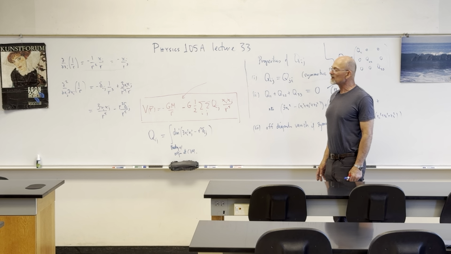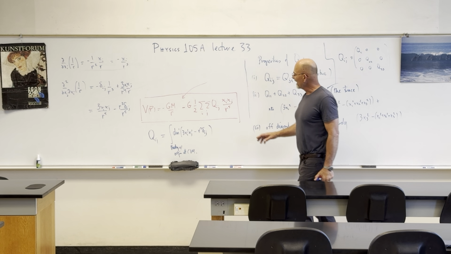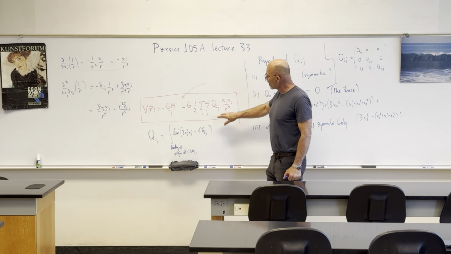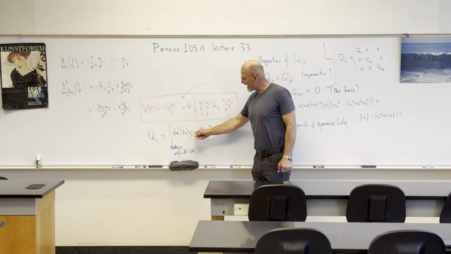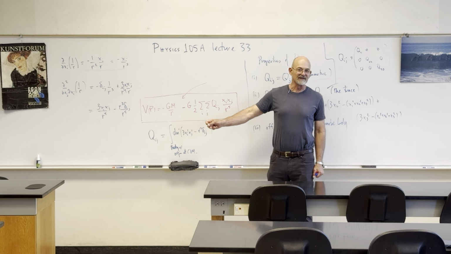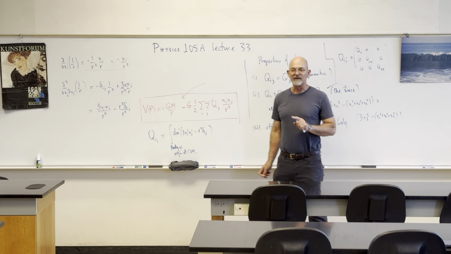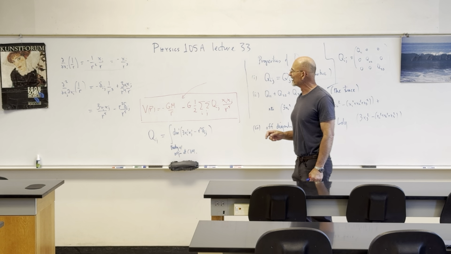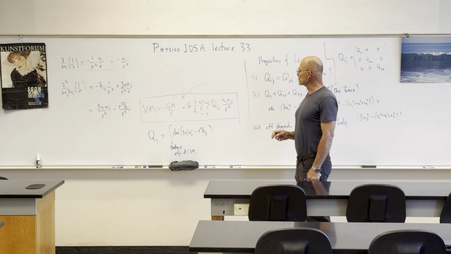So we're going to turn things around this time, and I'm going to have you guys, we'll get started on it together, show that for a spherically symmetric mass distribution, these things vanish identically. And we can take that as part of the proof that this spherically symmetric mass distribution attracts as a point mass. That's kind of a different approach to it.